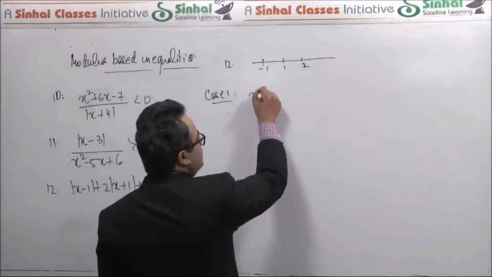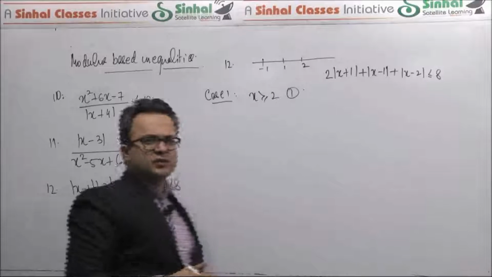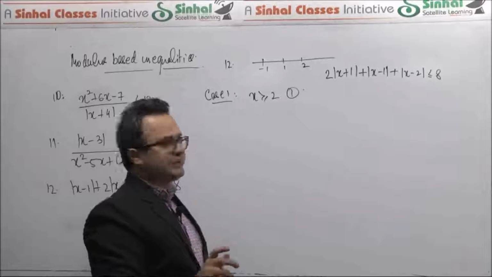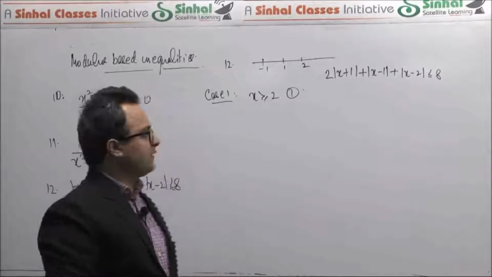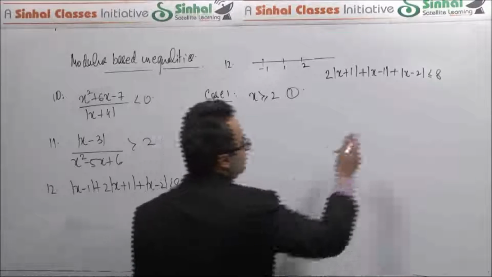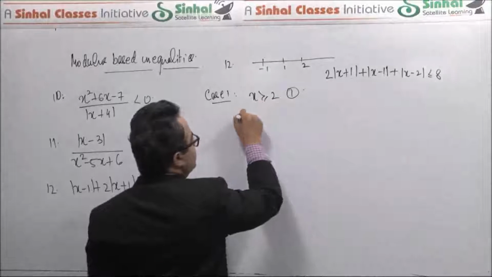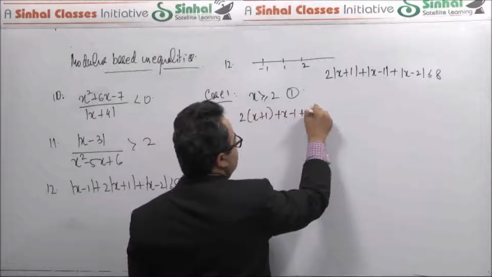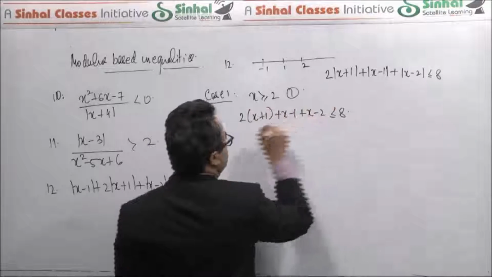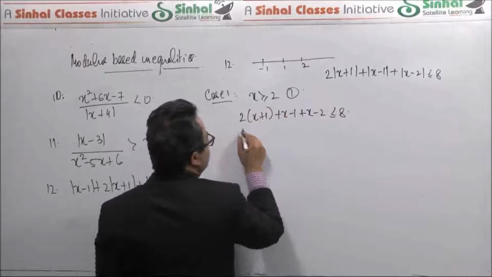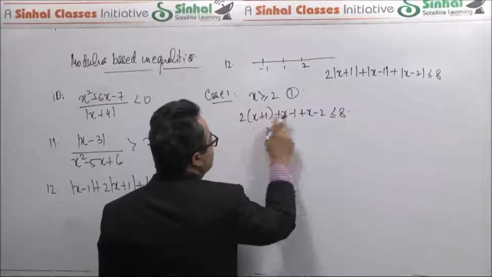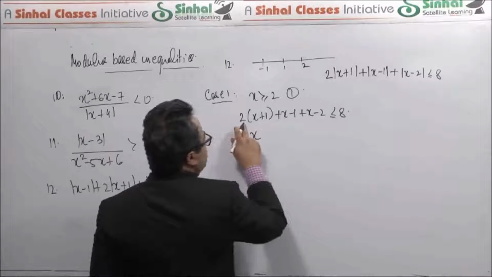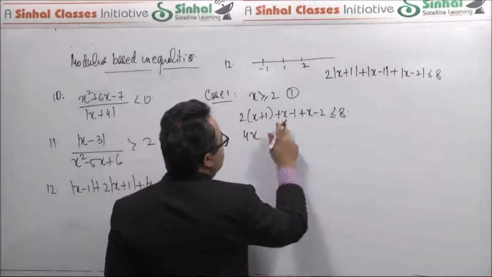So let's look at the first case. It's always a good habit to write down your modulus terms in increasing order in which the critical points occur. Right? So for x greater than equal to 2, all the expressions will be positive. So I get 2x plus x plus x, so that's 4x. 2 minus 2, 0 is less than.